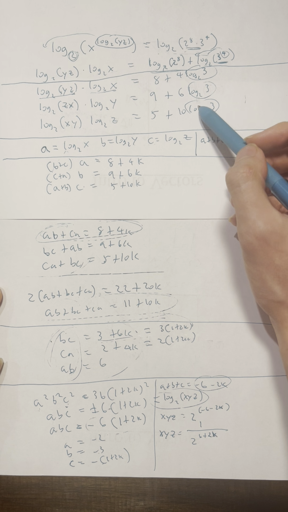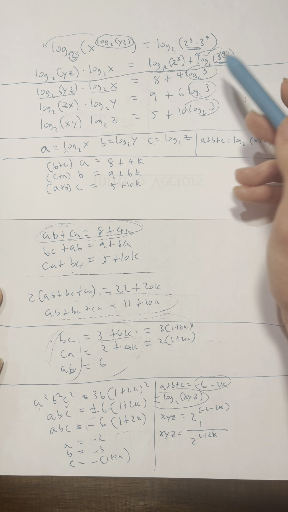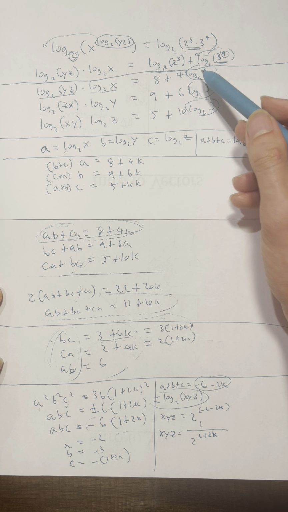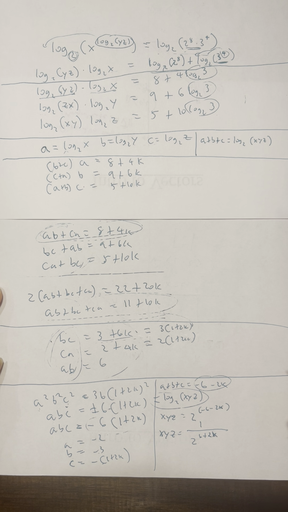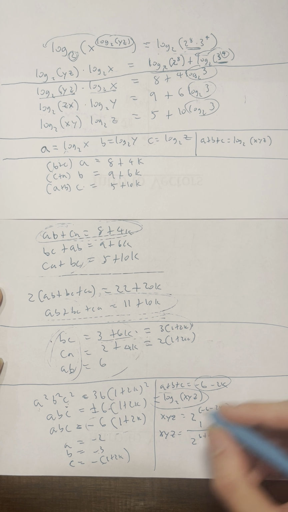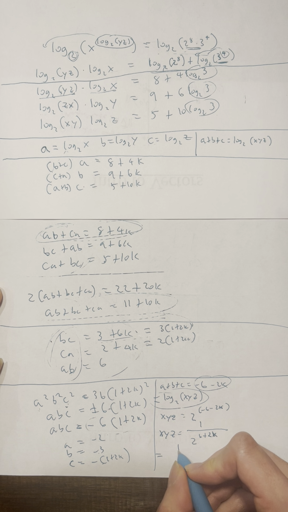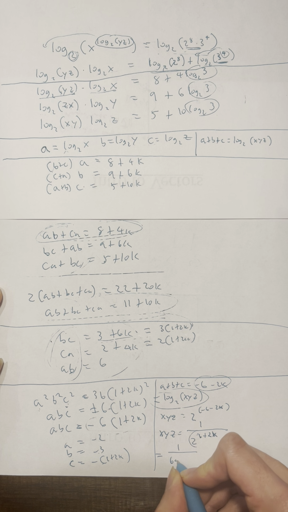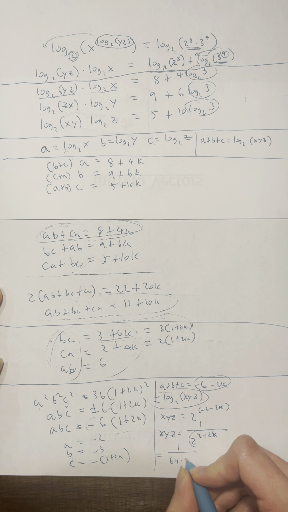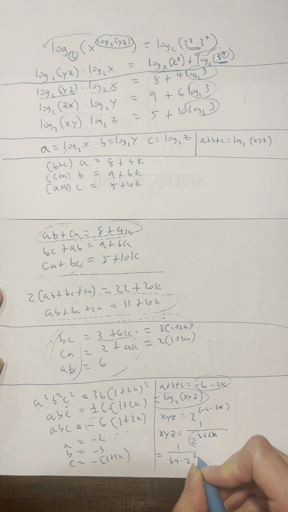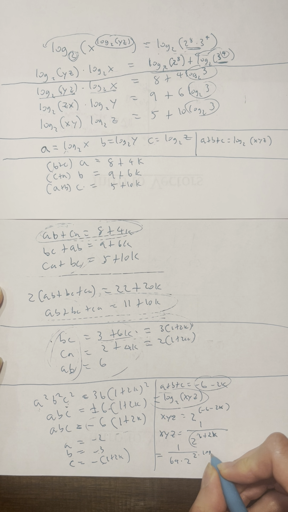We made the substitution here. Okay, so k was log base 2 of 3. So this is going to be 1 over 64, and then times 2 to the power of 2 times log base 2 of 3.